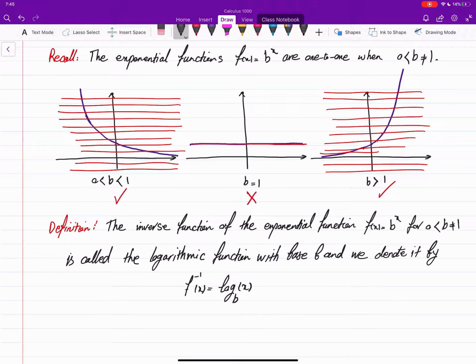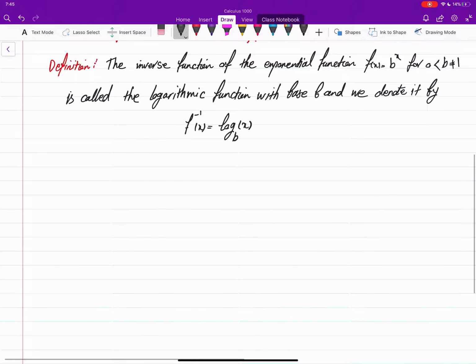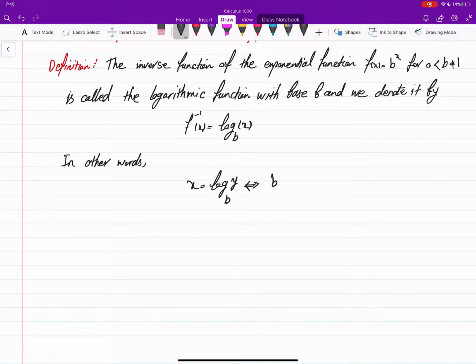We use this notation. Well, as we know, the inverse means that, in other words, we say x is the log of y base b if and only if b to the power x is equal to y.